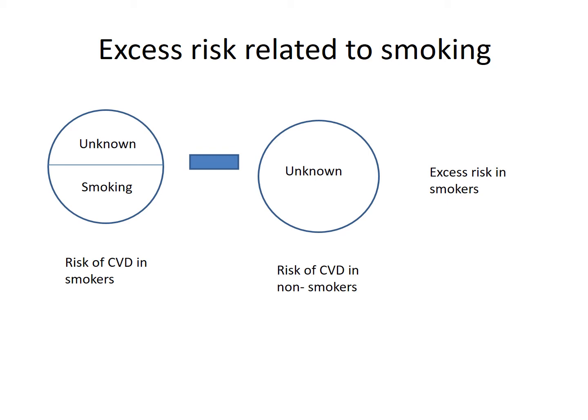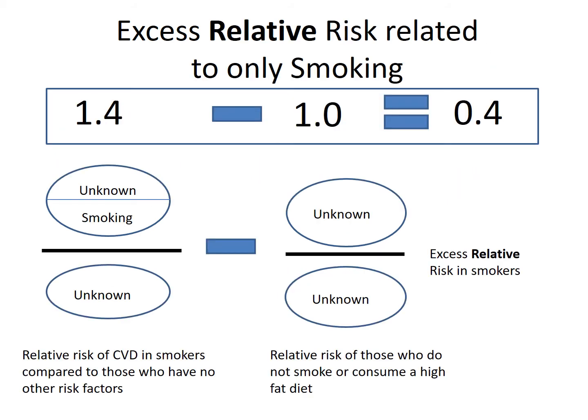So how do you look at excess risk related to smoking? Essentially what you're looking at is you're taking the risks in the smoking group and you're subtracting it from the non-smoking, non-high-fat diet group. That makes it excess risk.